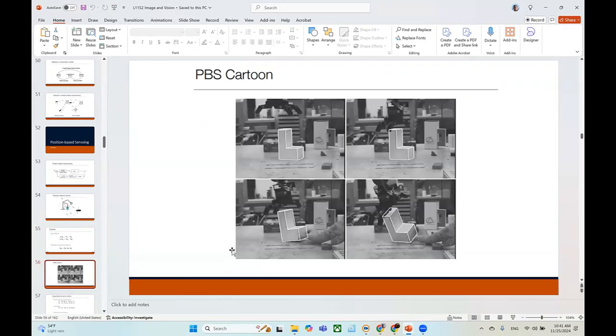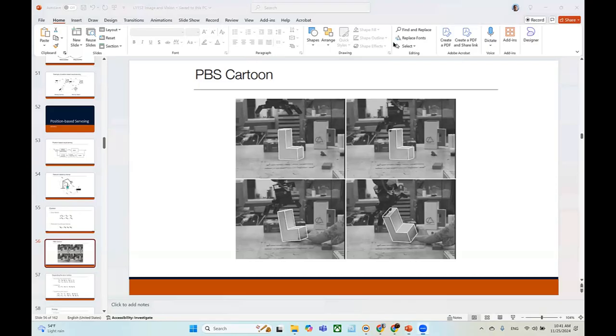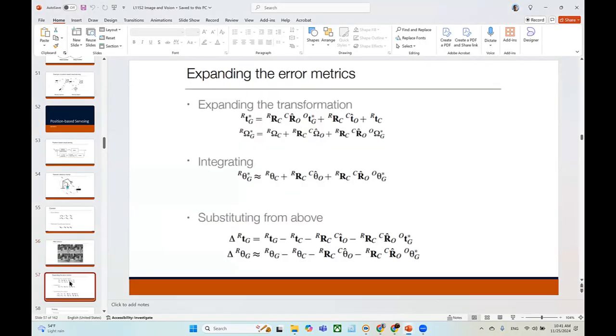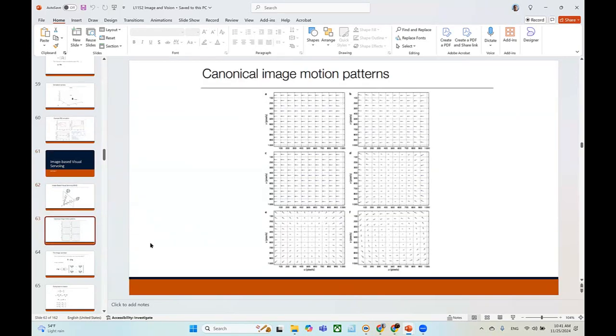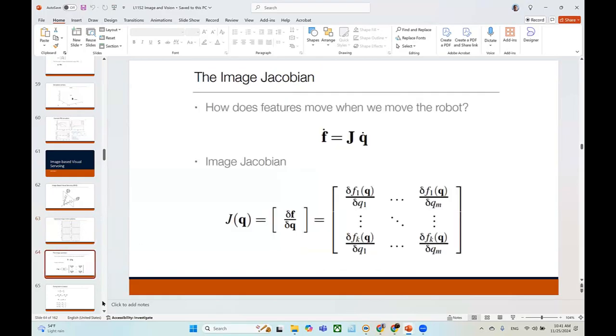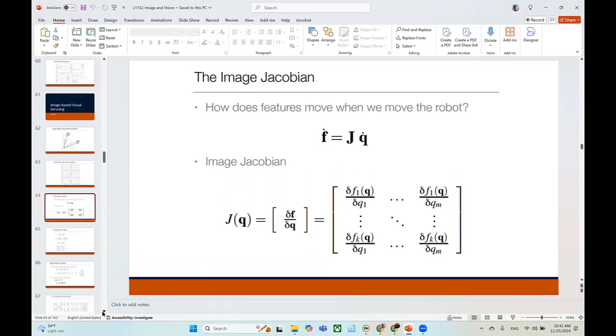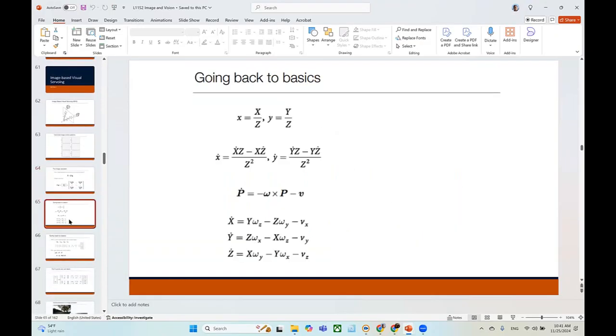Talking about how things take the picture and model, right here I think you can see that it used edge detection for the object to identify the object. Then there are a lot of things that you need to calculate. For image-based, you need to look at the image value, and there's an image Jacobian. This is not between the control variable and the XYZ Cartesian space.